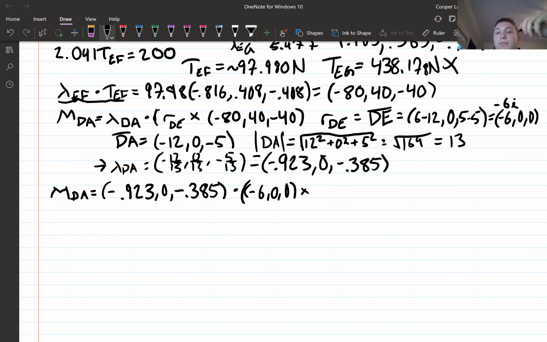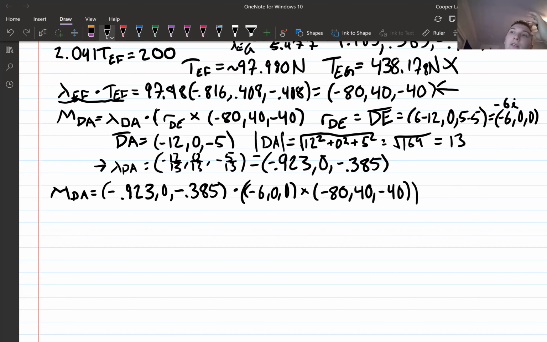Cross my value up here of negative 80 comma 40 comma negative 40. So when I do all of this out, you take your cross product and use your dot product of your cross product, and there's a convenient formula for this.